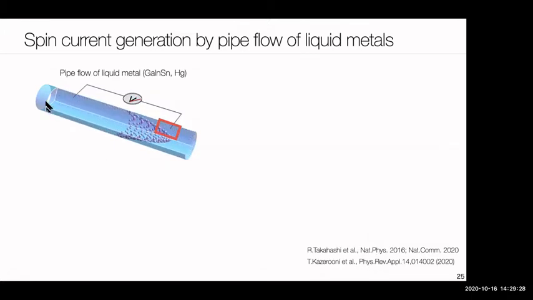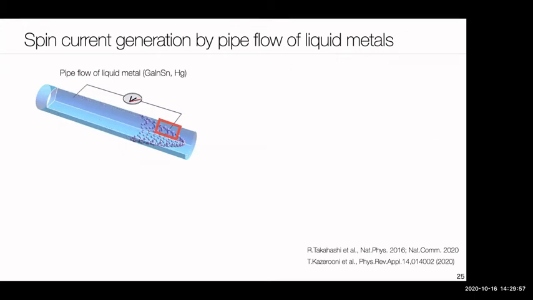We prepare the quartz pipe, and we put the voltmeter in this way. And we put the gallium alloy or the liquid mercury metal into this quartz pipe, and then we apply the pressure, then we generate the pipe flow.